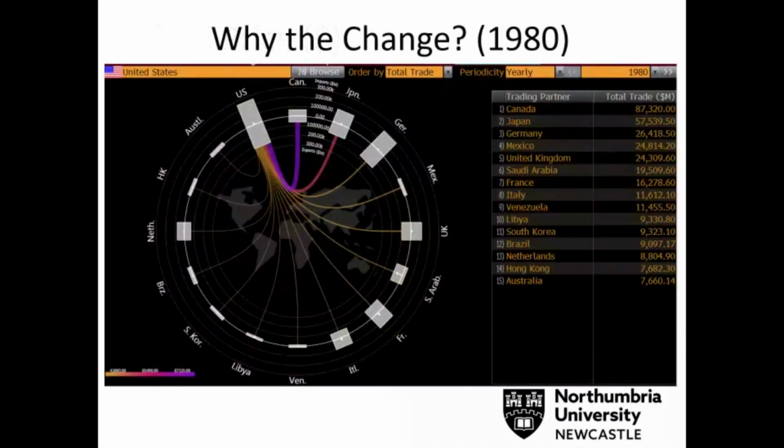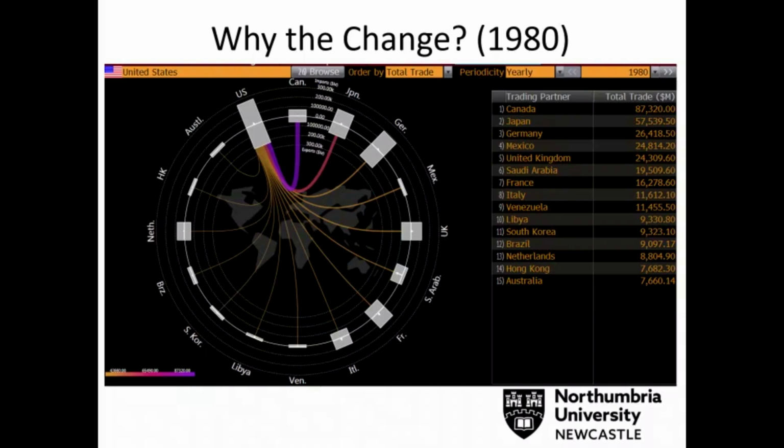So what actually happened? Why has the price of gold gone up? Why could we not have currencies backed by gold anymore? So if we look back to 1980, for instance, look at the amount of trade. If we're going to say the US, given we'll talk about the dollar, you can see the total trading partner was with its closest neighbour, the 320,000 million.